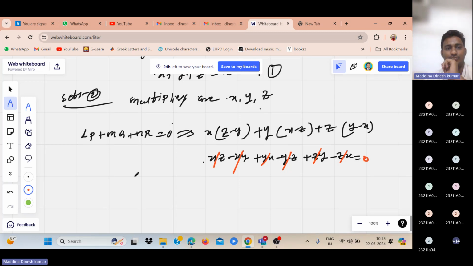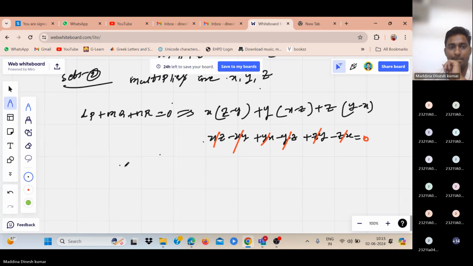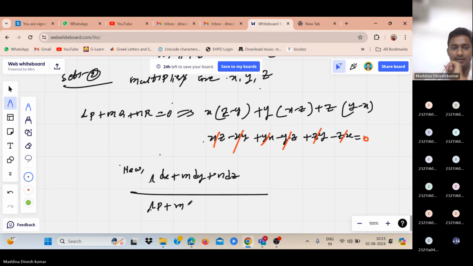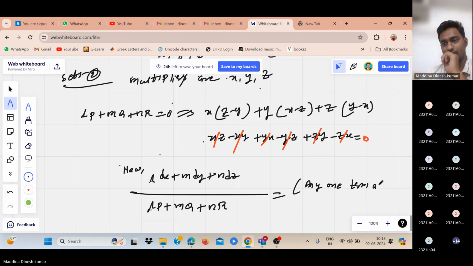Now L dx plus M dy plus N dz by LP plus MQ plus NR equal to any one term among three.